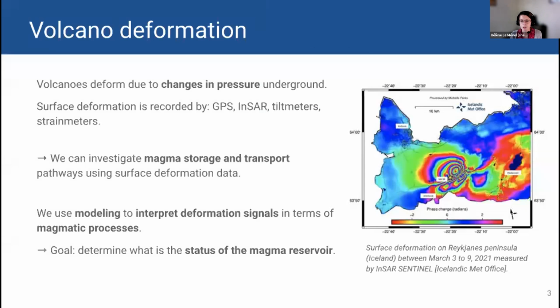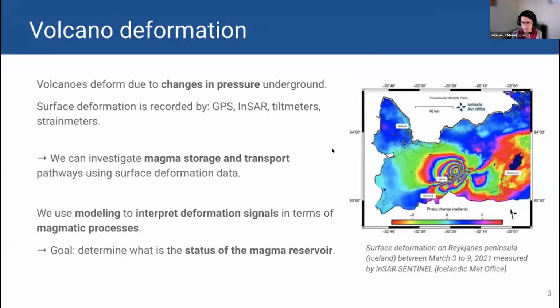So volcanoes deform due to pressure changes taking place underground in the crust. We will see that there are a variety of processes that can generate ground deformation at volcanoes. And as you probably know, surface deformation can be measured either by satellites or using instrumentation on the ground, for example, GPS, InSAR, tiltmeters, or strainmeters.